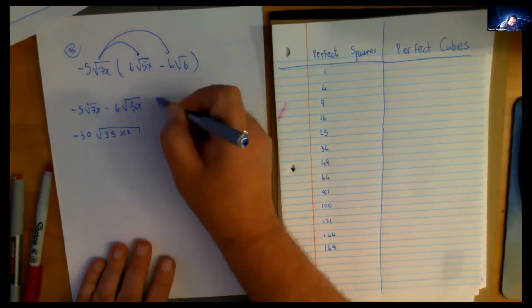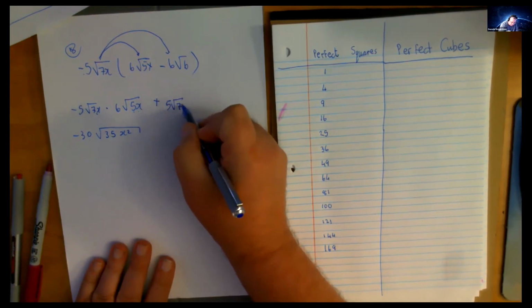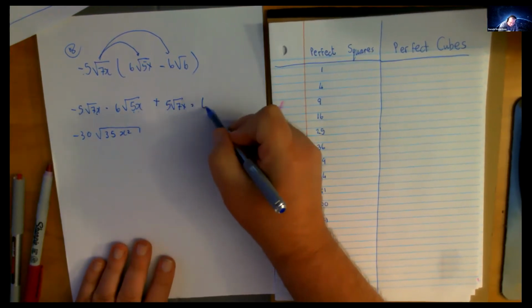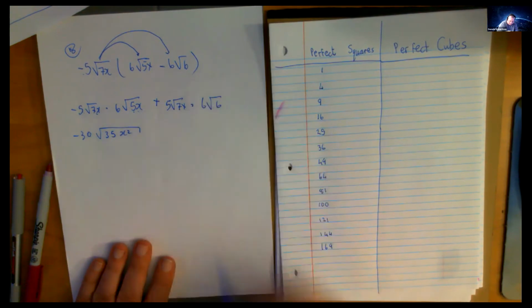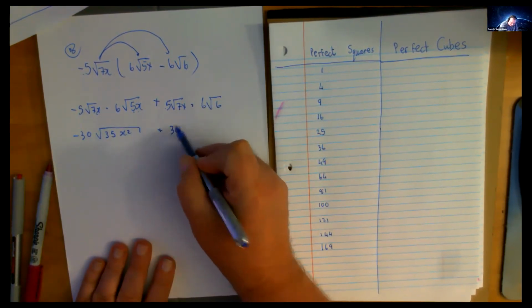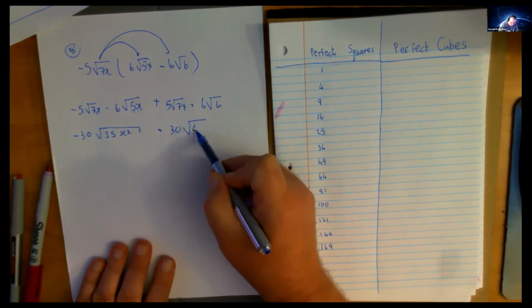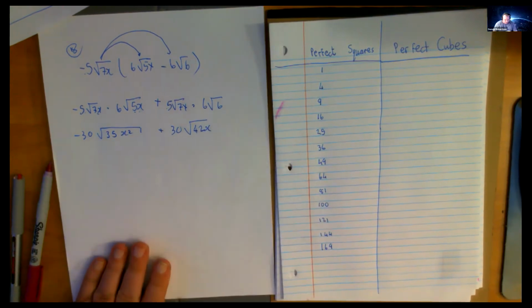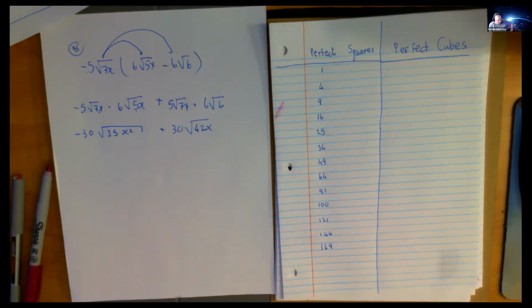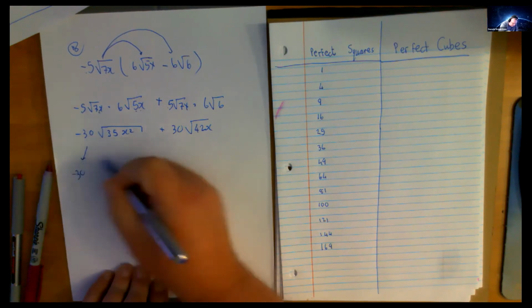And this guy times that guy. Well, 2 negatives make the answer positive, and it's going to be this ugly fella times that guy. 5 times 6 gets me 30, and square root of 7x times 6 gets me the square root of 42x. I think it lives up to its reputation of being a pretty downright ugly answer. Okay, negative 30 is fine.